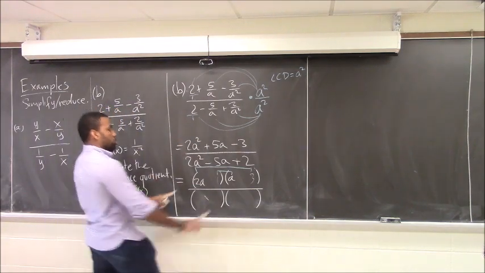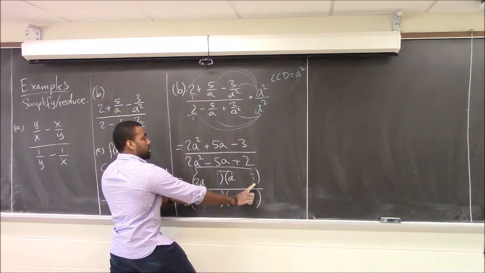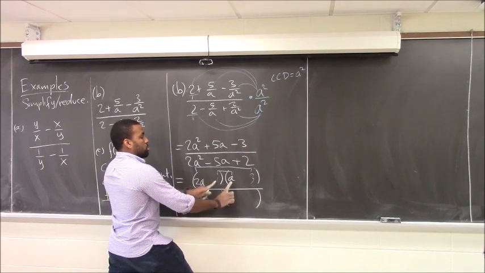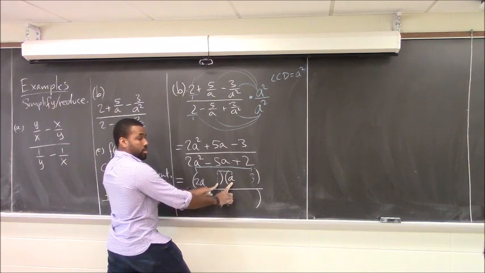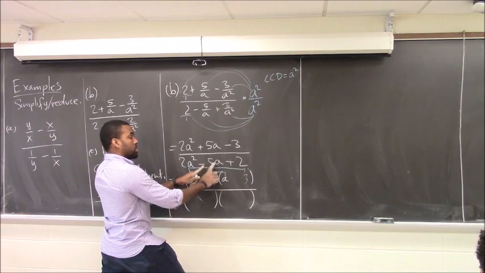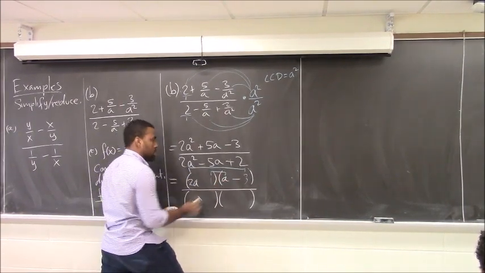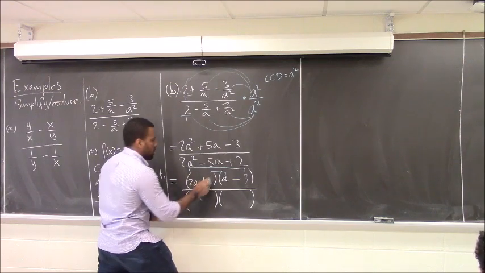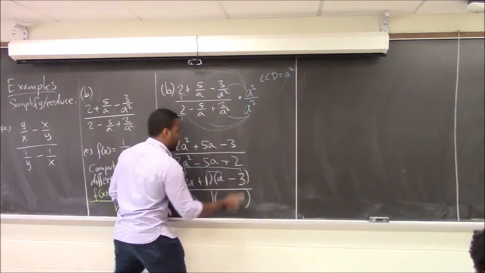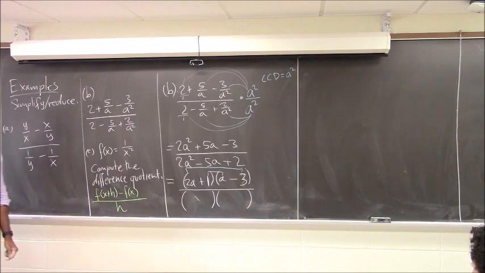So notice that if I put a 3 on this side, I would get 6a. Put the 1 here, I would get 1a. And then I ask myself, can I get a minus 5 from a 6 and a 1? The answer is yes. Make sure it's a minus 6 and a positive 1. And that's how you factor.